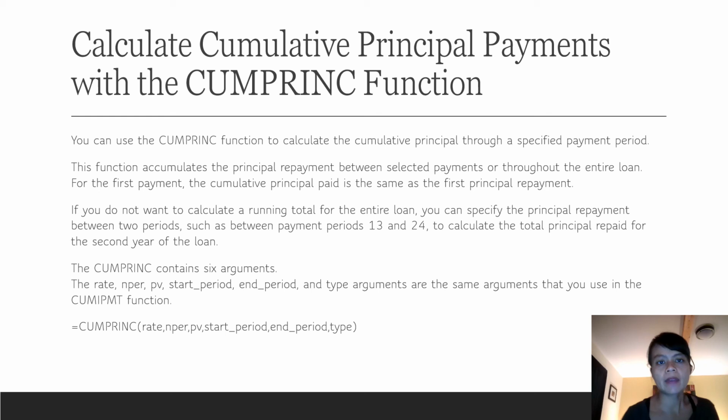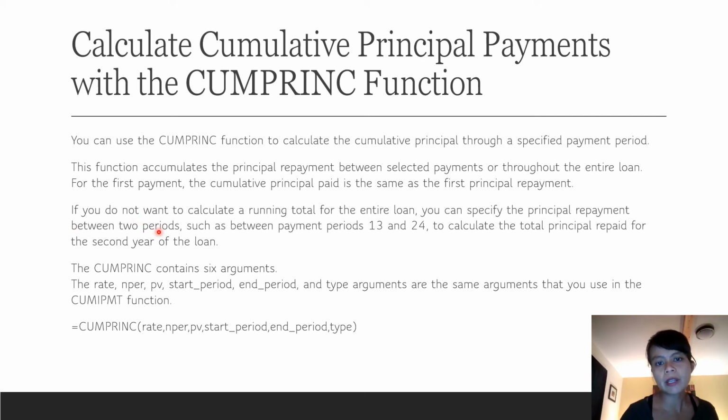Next we have calculating cumulative principal payments with the CUMPRINC function, the cumulative principal function, to calculate the cumulative principal through a specified payment period. This function accumulates the principal repayment between selected payments or throughout the entire loan. For the first payment, the cumulative principal paid is the same as the first principal payment.